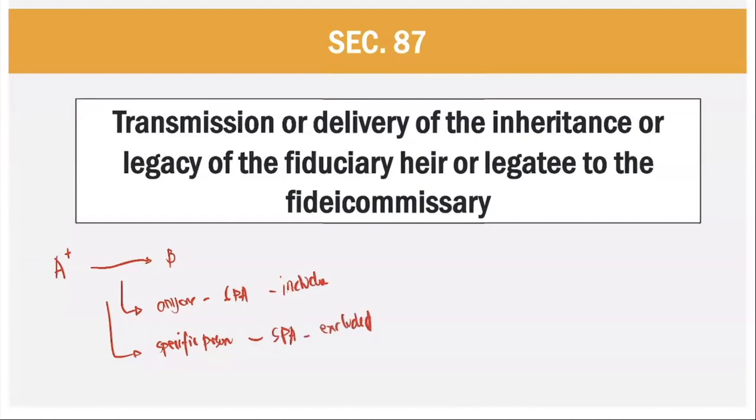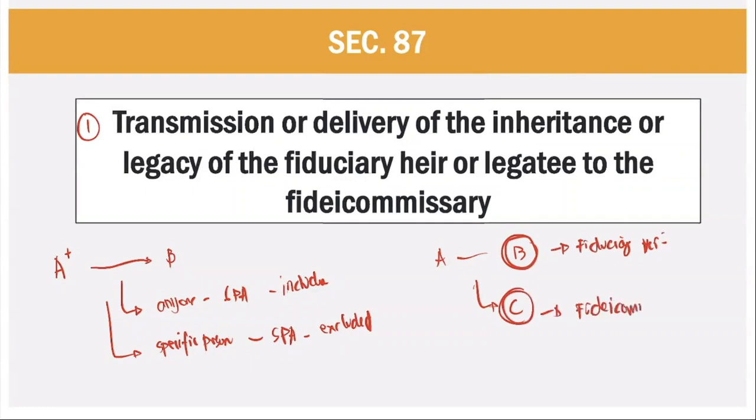And an example of that is this transmission. So we have here A to B, and then under the will, sabi dyan, B will transfer it specifically to one person, which is C. Si B, ang tawag sa kanya ay fiduciary heir. Si C, ang tawag sa kanya ay fideicommissary heir.